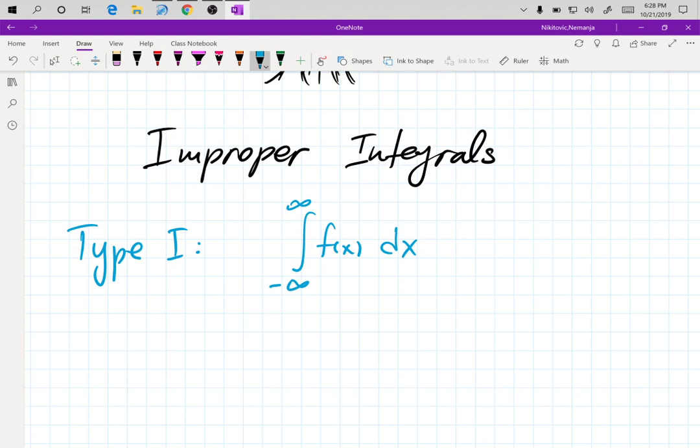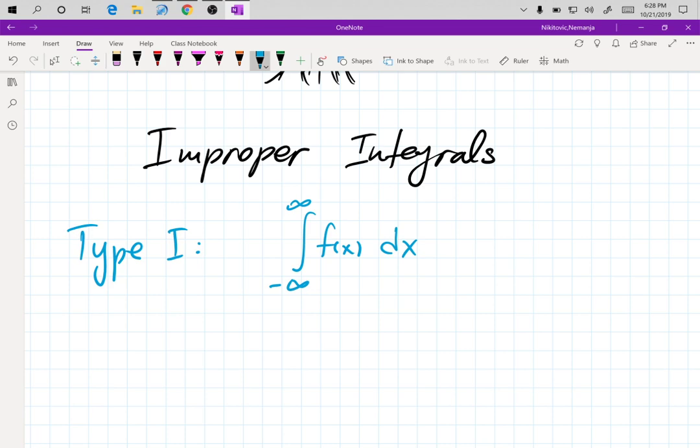Hell breaks loose quickly with the type 2. Because type 2 is the one that goes a to b, f of x dx. It looks just like any other, but a to b holds the vertical asymptote, and that's what I'm writing in blood now over here.